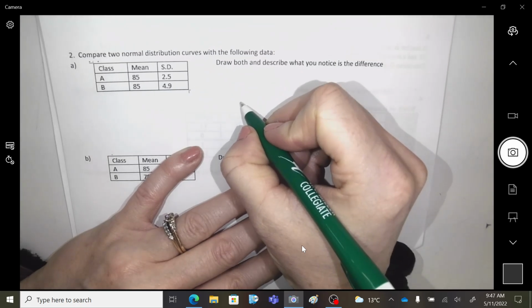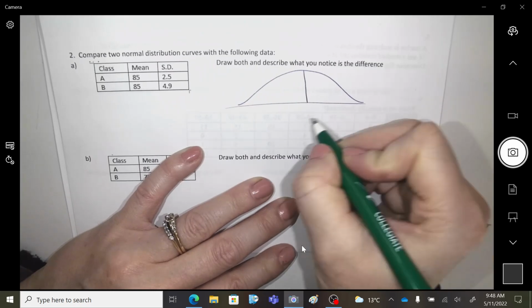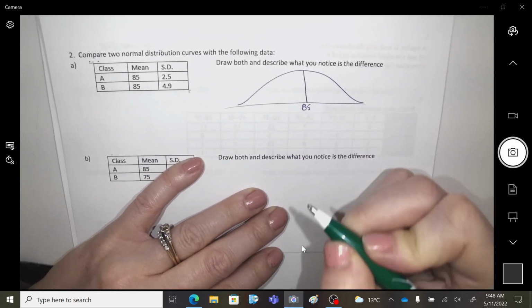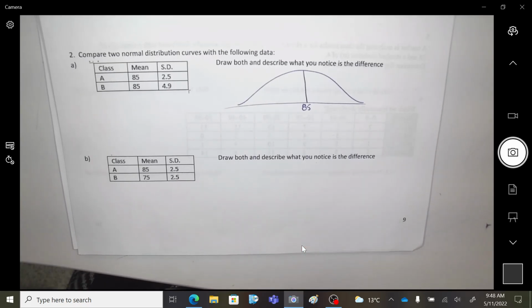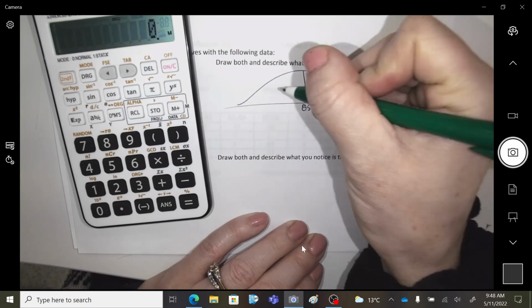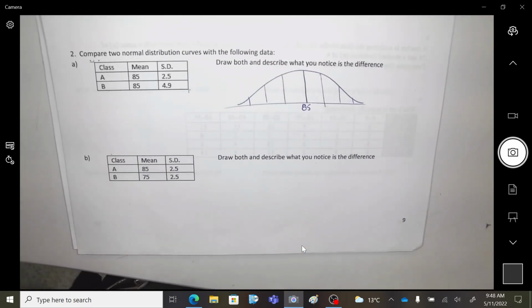So question, or class A. So 85 is in the middle. Don't draw the second one yet, because I'm going to draw it differently.